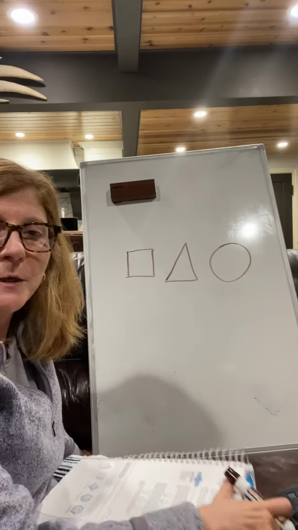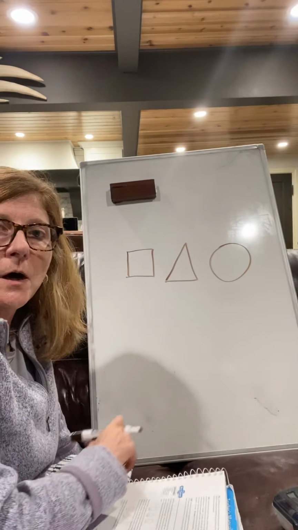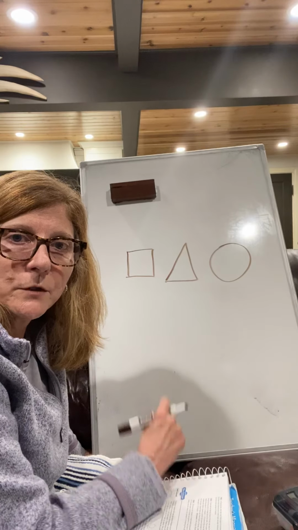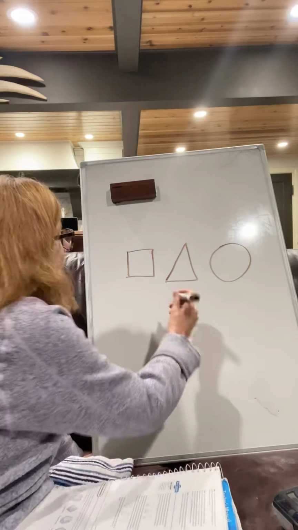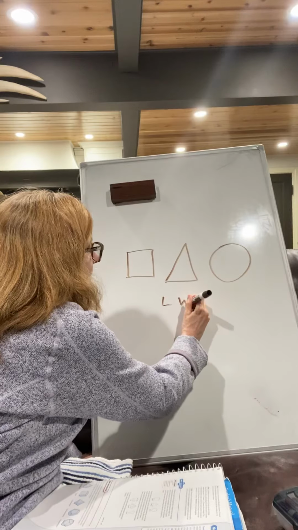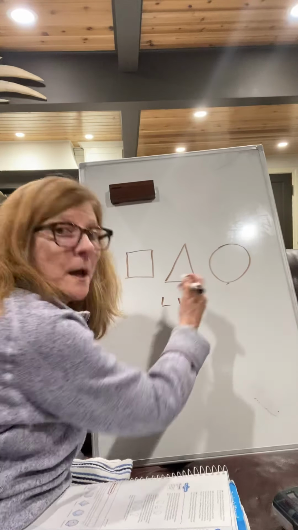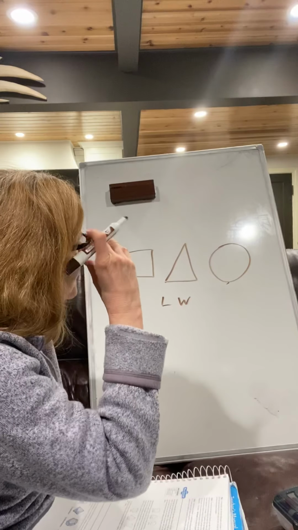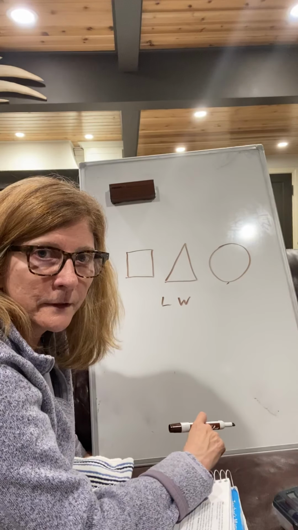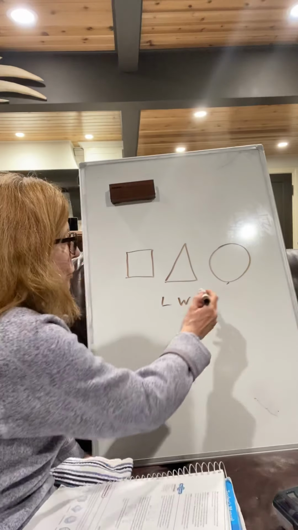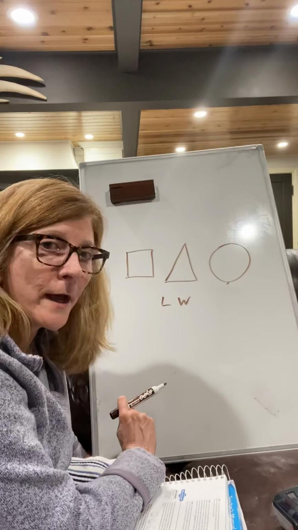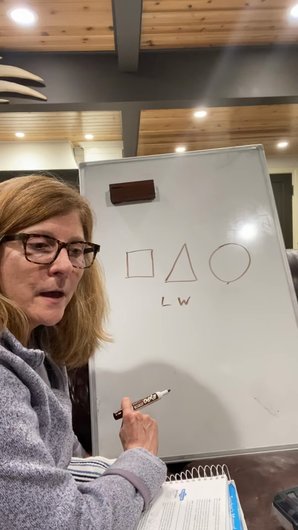And all of those geometric shapes are 2-dimensional. They have length and they have width, okay? You may not think a circle does, but it does. It has length and it has width. It's just you don't calculate it in the same way as a triangle and a square.